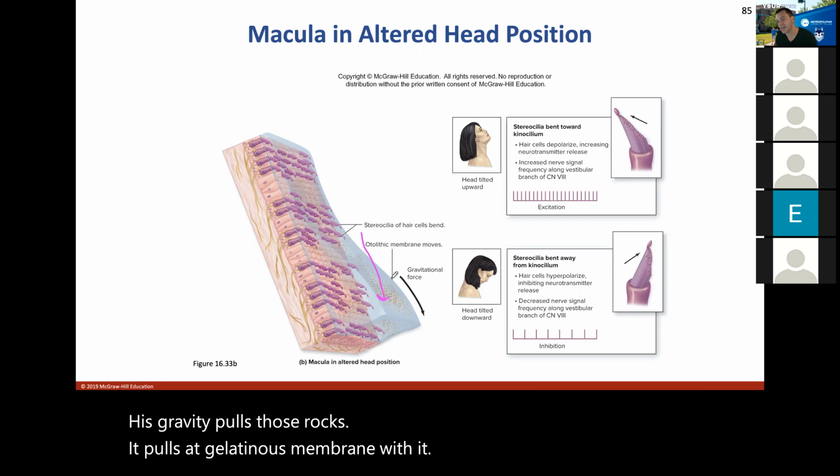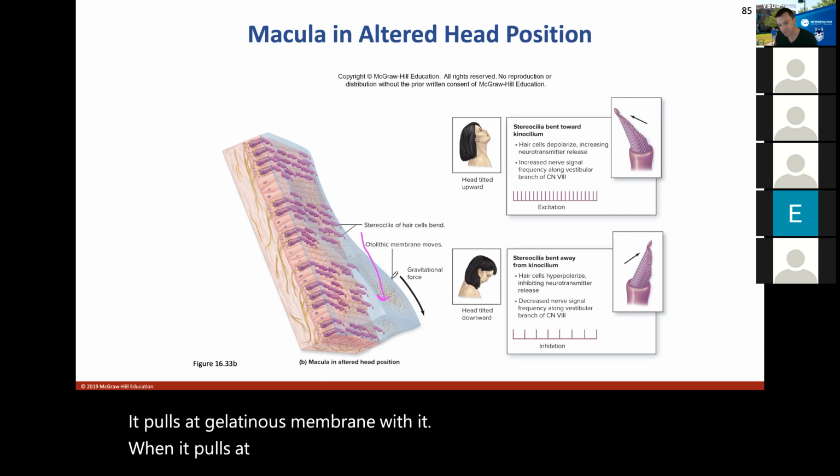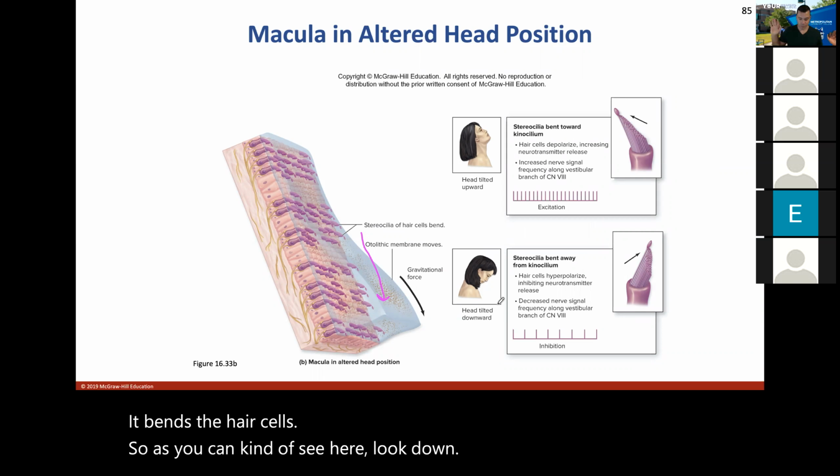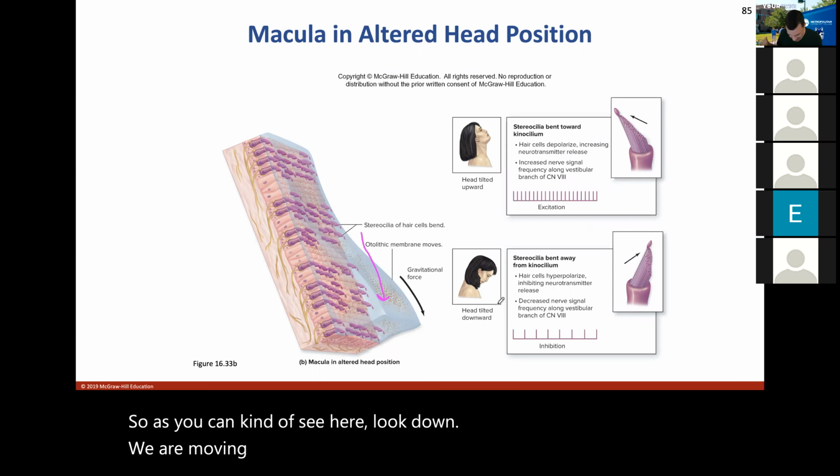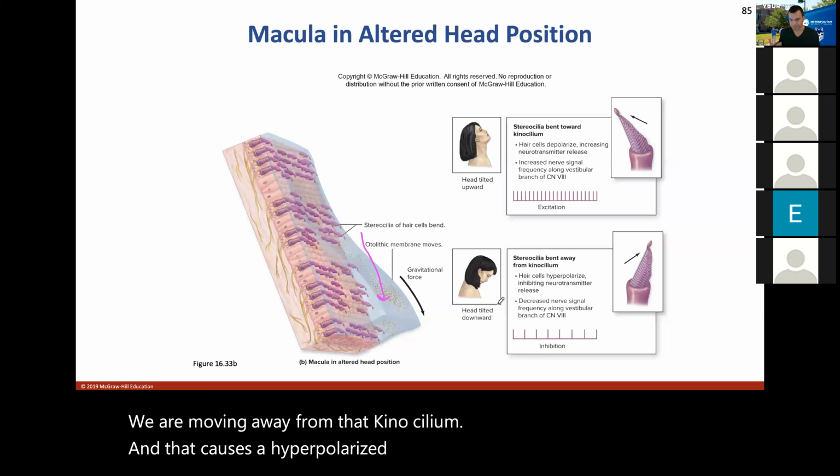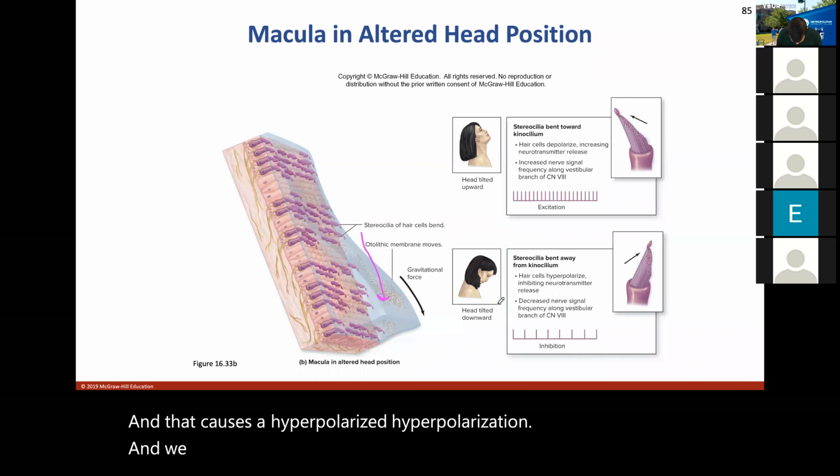When it pulls that gelatinous membrane with it, it bends the hair cells. Okay. So as you can kind of see here, look down, we are moving away from that kinocilium. And that causes a hyperpolarization. Okay.